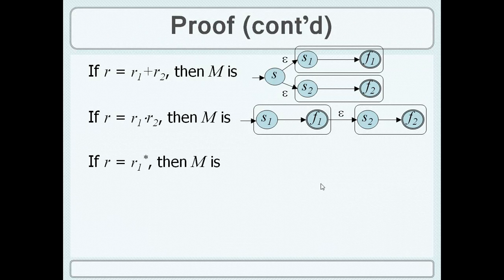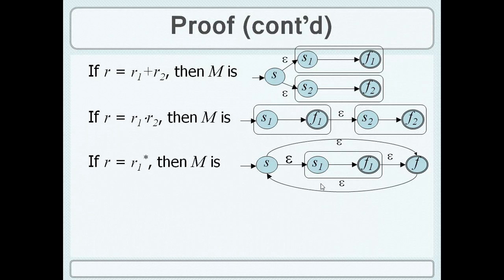If R is R1 star, then M is given by this figure, where R1 has starting state S1 and final state F1, and for the star or Kleene closure we add another starting state S and final state F. The starting state S and final state F are connected through epsilon transitions as given in the figure, so that we have the loop for star, that is R1 star.